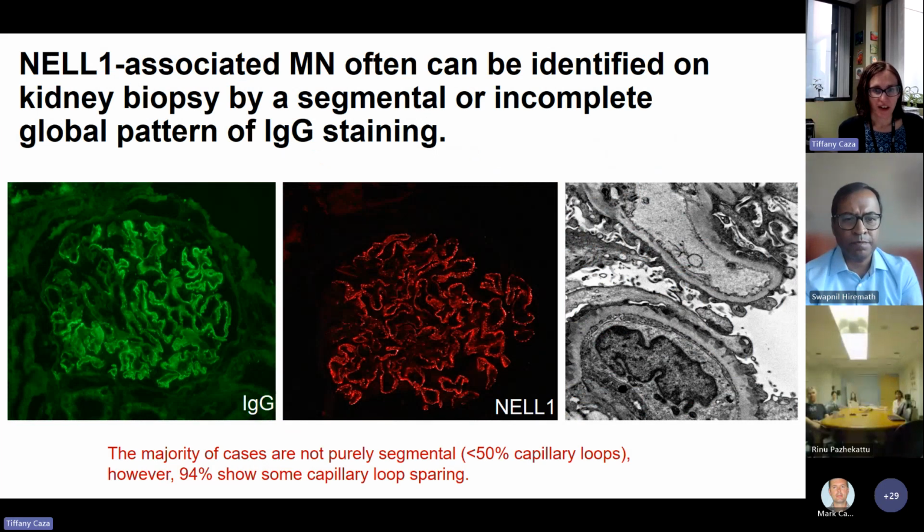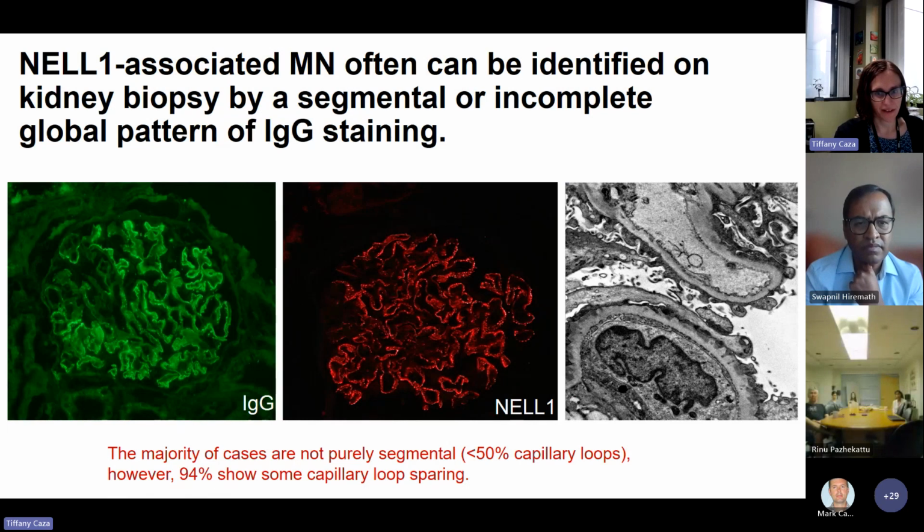And NELL1 associated membranous can be picked out in kidney biopsies quite easily, actually. There tends to be this capillary loop sparing, and that's seen in a total of 94% of cases. We'll have a lack of complete and global granular capillary loop staining. A lot of them are not purely segmental, where you would have less than 50% of the glomerular capillary loops with immune deposits, but incomplete global staining is quite common.